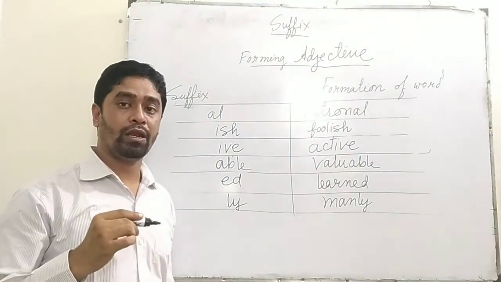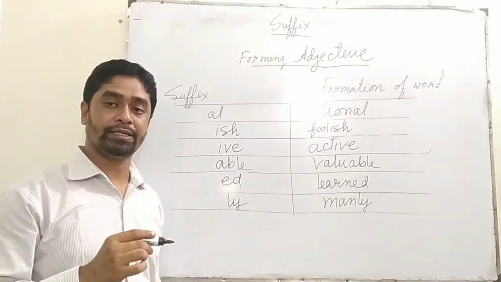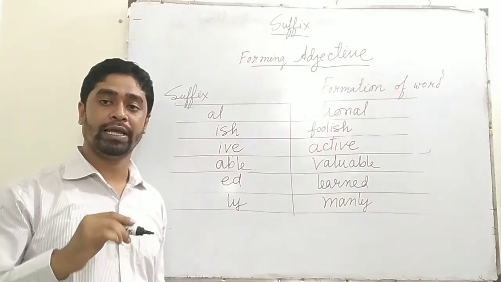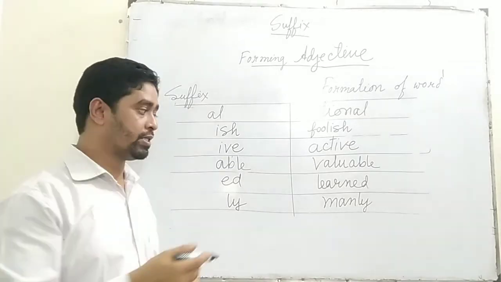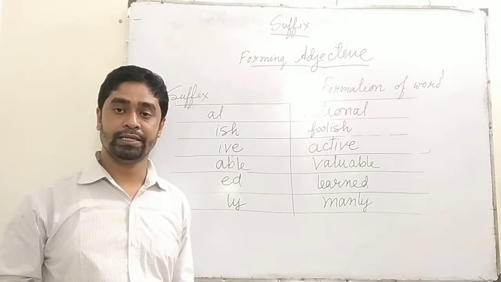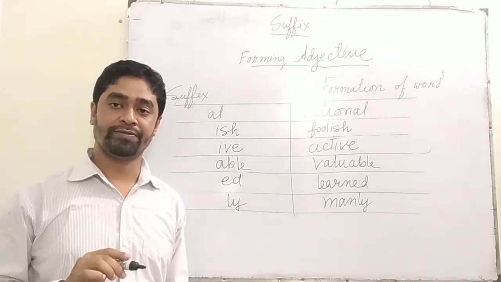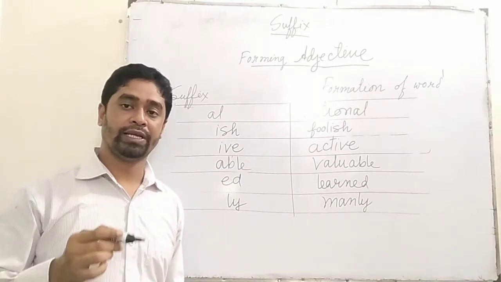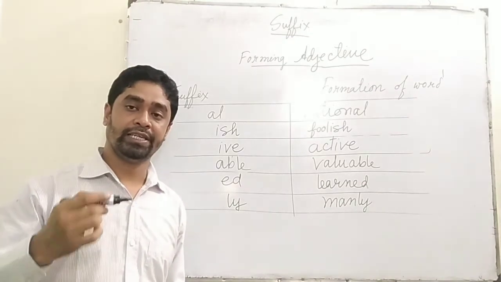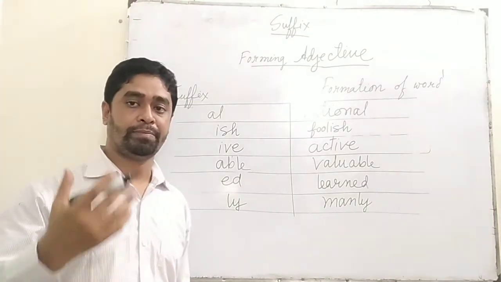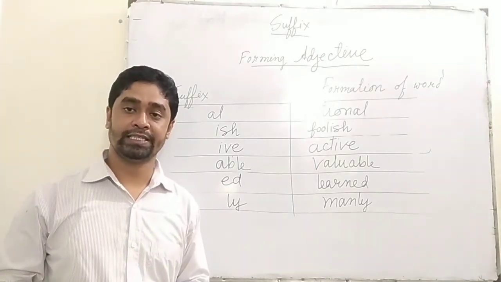Last, ly. It is also a suffix and by adding ly, it changes its part of speech, like manly. In this word, man is the root and after that ly is added, then it changes its part of speech and it is an adjective.